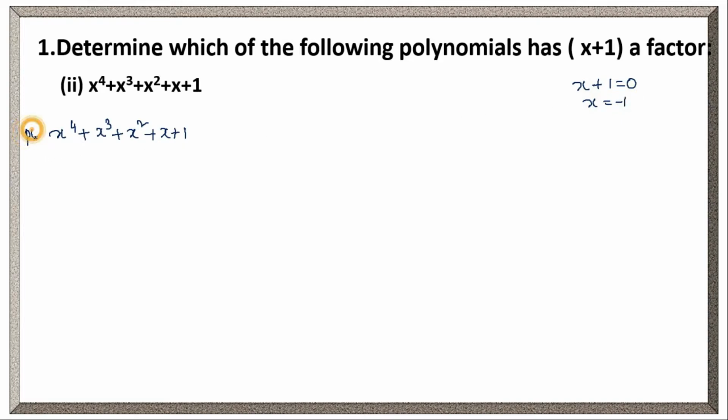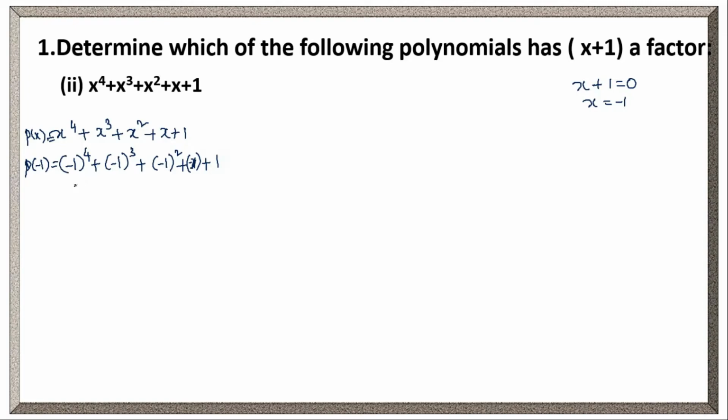Here p of x equals the given polynomial. Clear? Now wherever x is there, put minus 1. P of minus 1 equals minus 1 whole power 4 plus minus 1 whole power 3 plus minus 1 whole power 2 plus minus 1 plus 1.